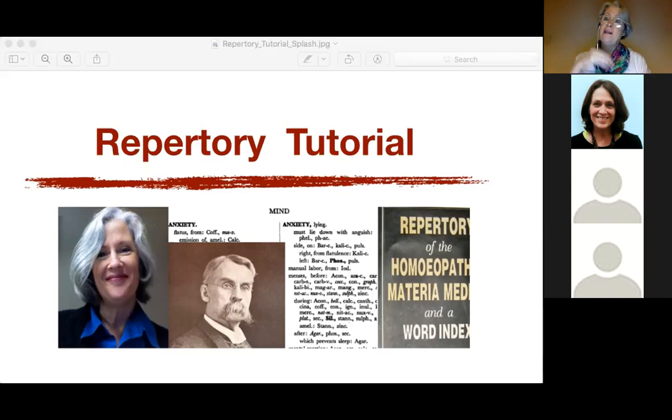But this was an era of emerging empiricism where people were saying, yeah, well, if it does that, show me. Let's look at the data. And this was part of the Vienna school's training, where they wanted to see what one individual substance did at the bedside of one sick person.